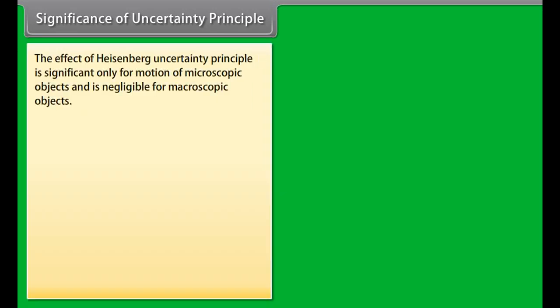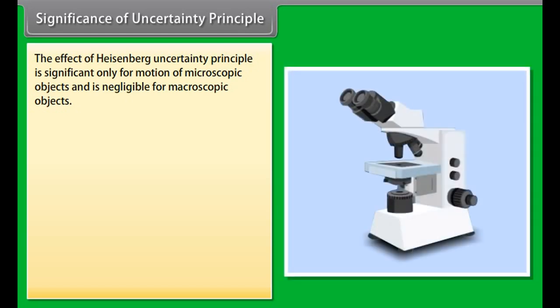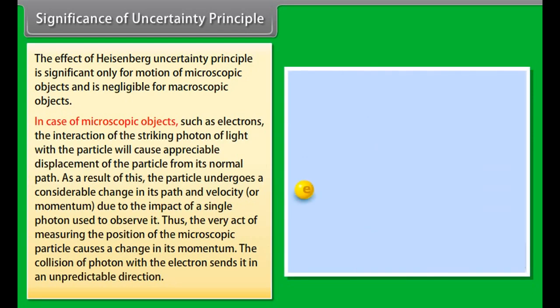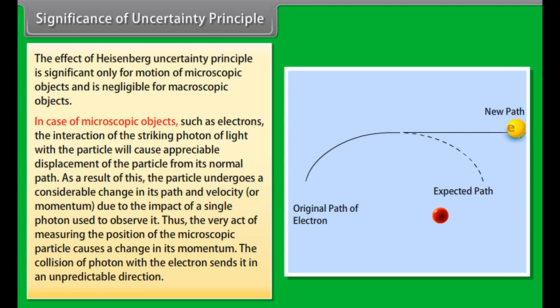Significance of uncertainty principle. The effect of Heisenberg's uncertainty principle is significant only for the motion of microscopic objects and is negligible for macroscopic objects. In the case of microscopic objects such as electrons, the interaction of the striking photon of light with the particle will cause appreciable displacement of the particle from its normal path.